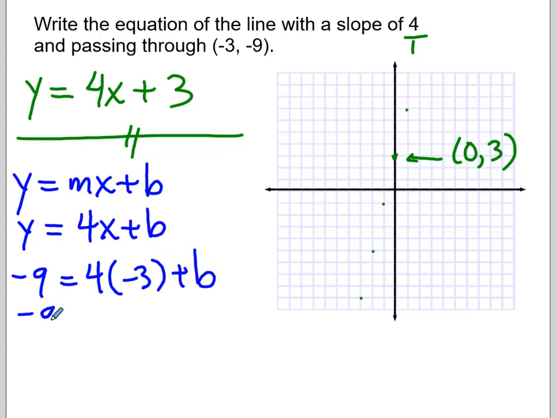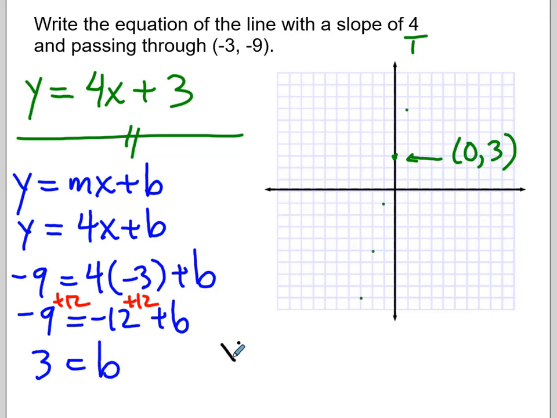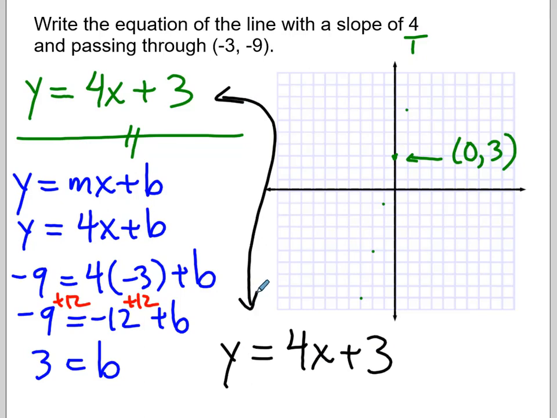Okay, so this becomes negative 9 equals negative 12 plus b. Add 12 to both sides. Okay, so we add 12 and this becomes 3. And then we finish with y equals 4x plus 3, which is the same answer. So two ways of doing the exact same problem, one with graphs and one with algebra. Both are correct.